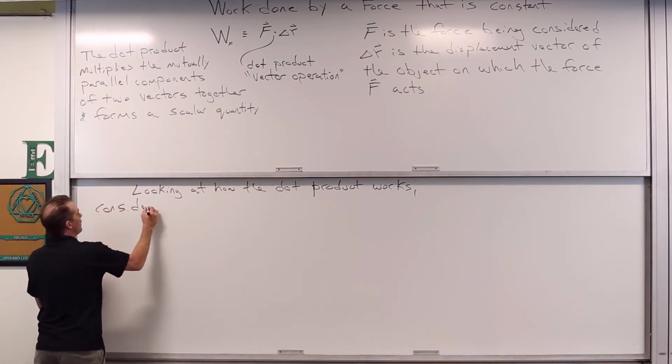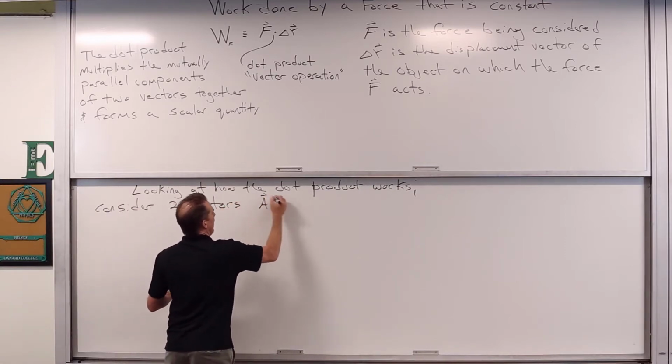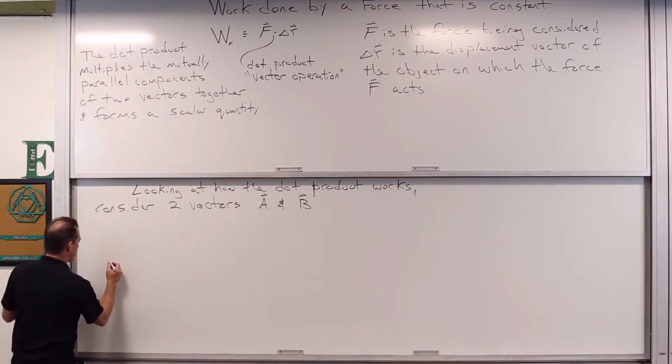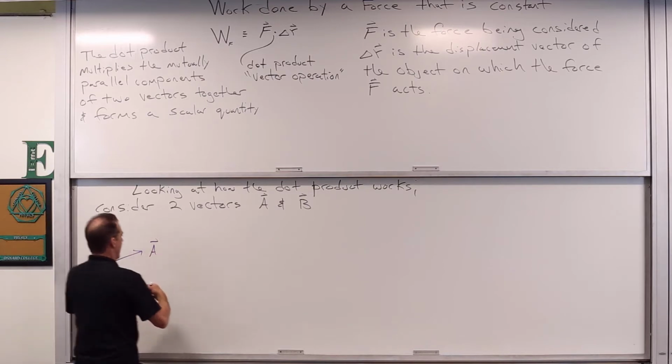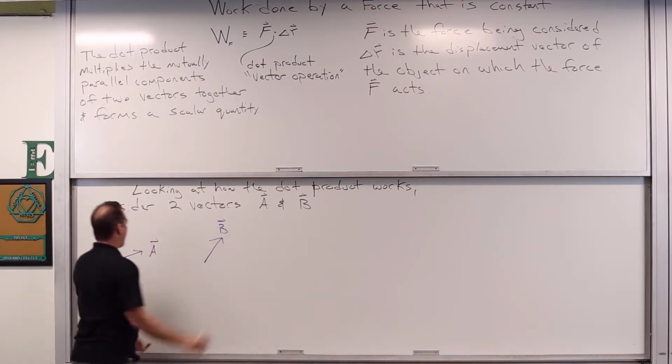Consider two vectors, A and B. If I'm just going to draw two vectors out, we've got some vector A like that, and we've got some vector B like that.